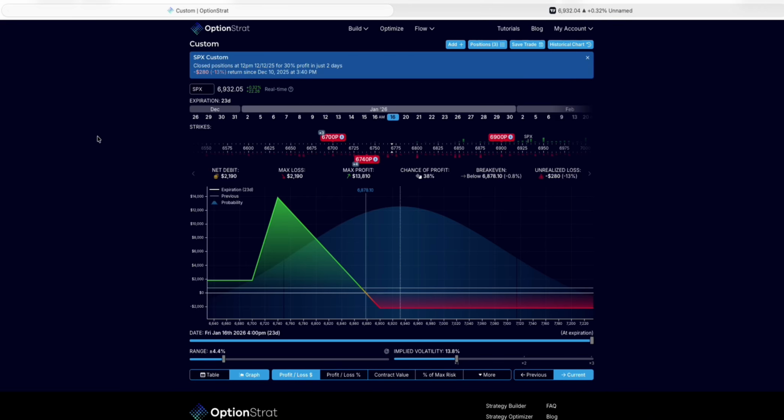It's a framework for managing risk and reward with precision. It's powerful, beginner friendly, and extremely effective when used with discipline. With defined risk, a wider profit zone, a market flexible and easily adjustable, this option strategy should be your next go-to strategy.